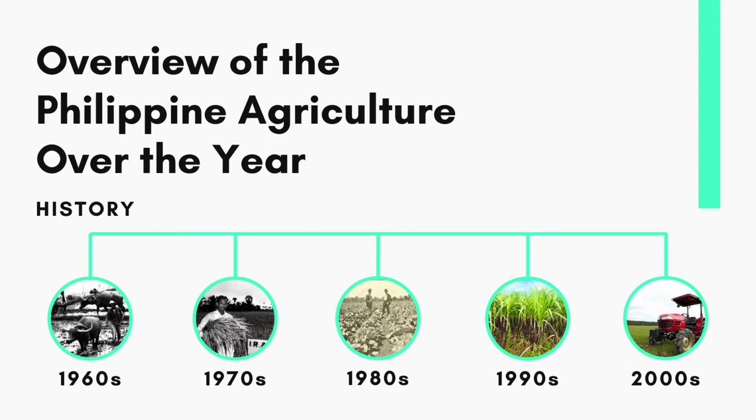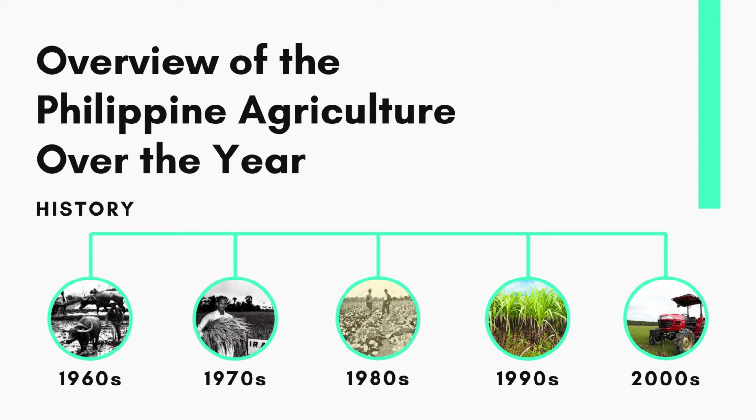However, as the years progressed into the 80s and the 90s, the Philippines has lagged behind on the technology and advancement of agriculture in order for it to be able to compete at a global level.